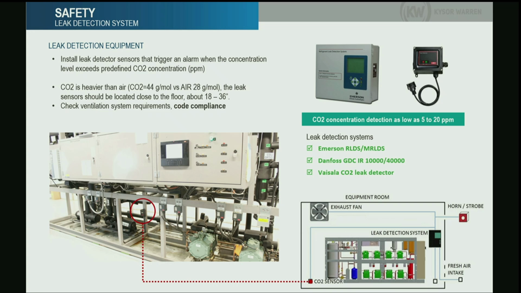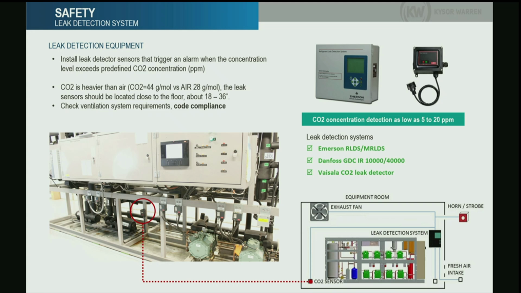We recommend installing those between 18 to 36 inches from the ground. At that height, you will be able to detect the CO2 leak early enough that you can activate your systems, whether ventilation systems or shutting down the system. Whatever systems you have to prevent the leaks, you can activate those. So 18 to 36 inches.